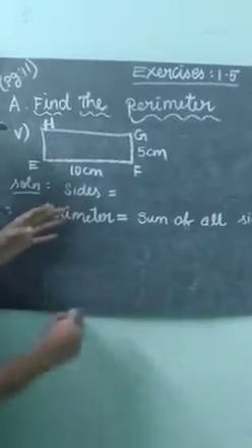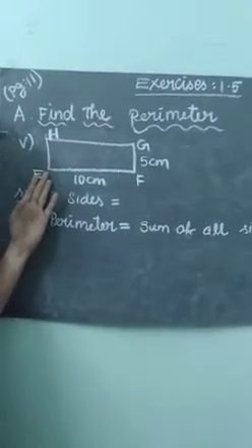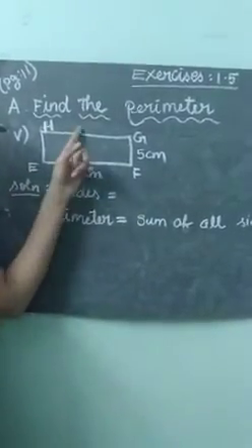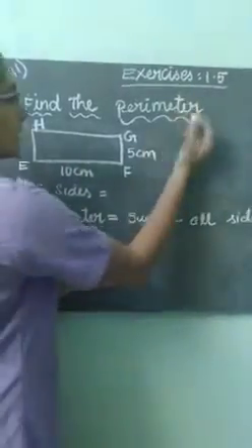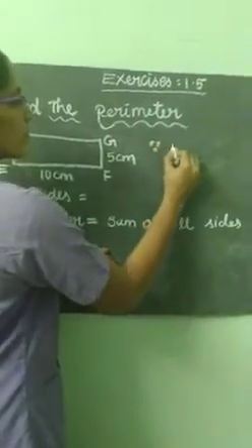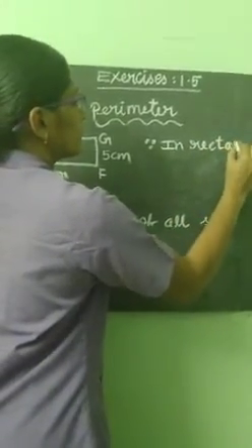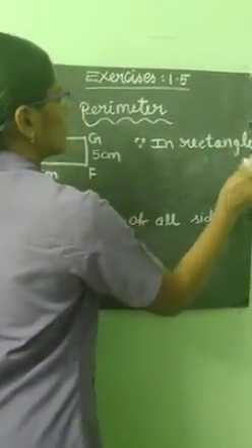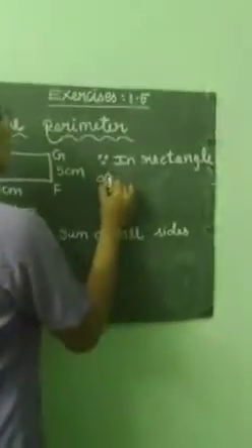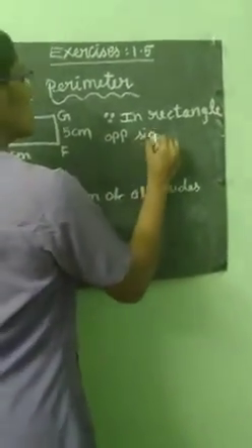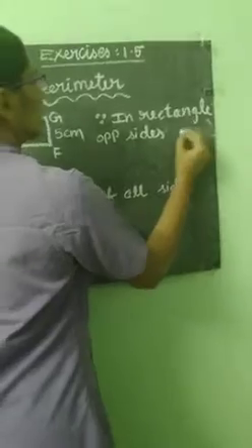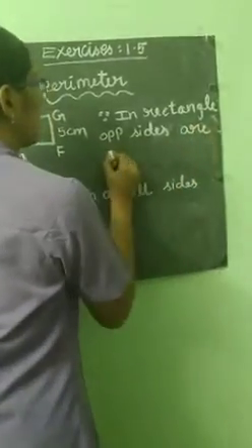What is this? Very good, rectangle. In rectangle all the sides are equal? No, only opposite sides are equal. So write here, in rectangle opposite sides are equal.